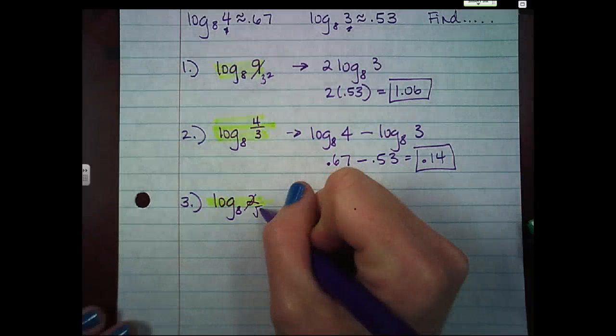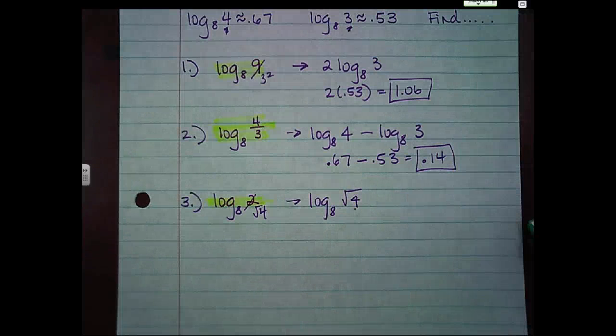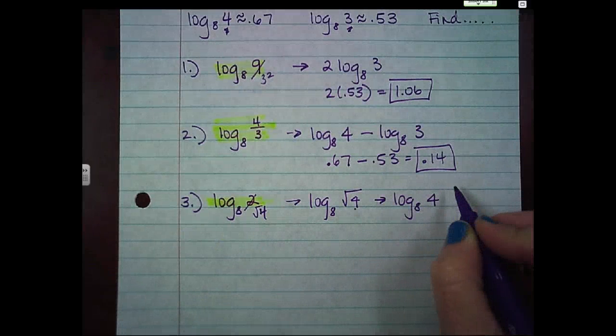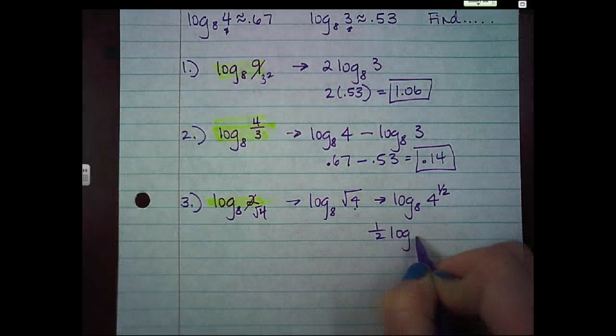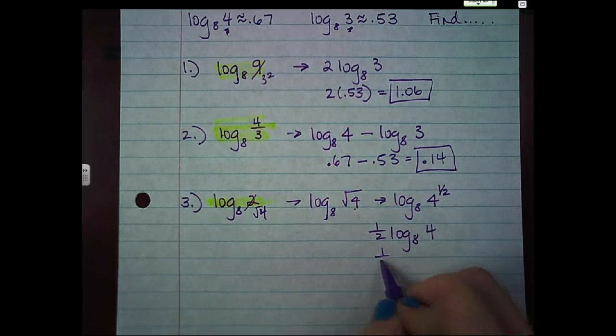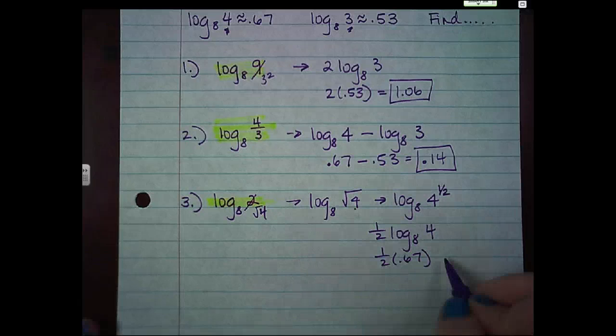So let's rewrite this then as log base 8 of the square root of 4. Then this is the same as log base 8 of 4 to the what power? 1/2. What's it do to the 1/2? It's going to push in the front. So 1/2 log base 8 of 4. I know the value of log base 8 of 4 is 0.67. So 1/2 of 0.67, or in other words, you take 0.67 divided by 2, and you end up with 0.33 or 0.335.